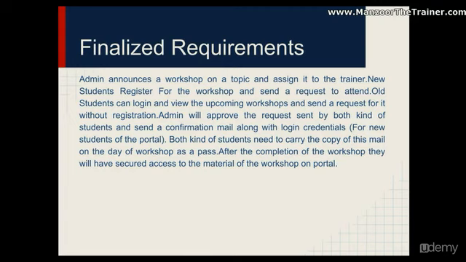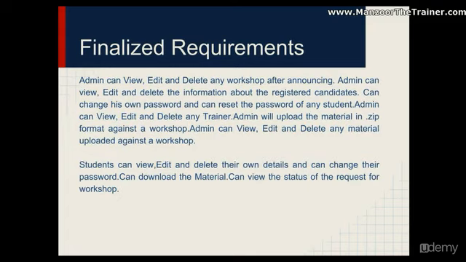One is an admin, another is a student, because admin has all the rights to create workshop, to delete workshop, to approve a student or deny a student from attending a workshop, and upload the material, create trainers and delete trainers, everything. So admin can access my app, one kind of user, and another is a student.